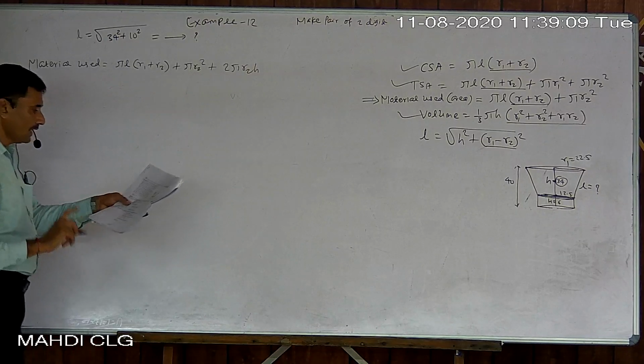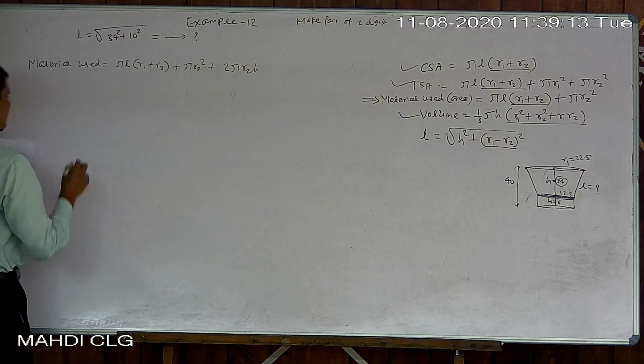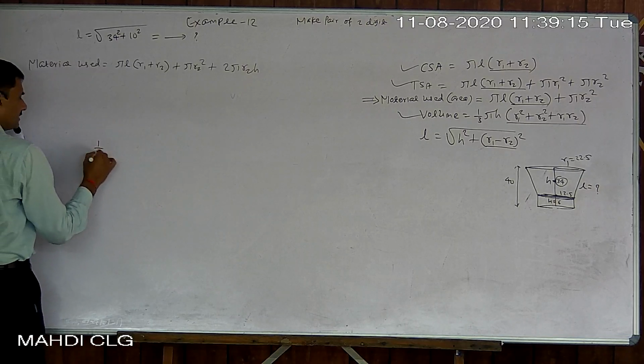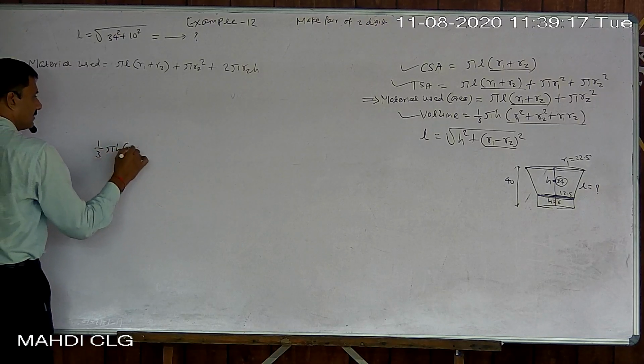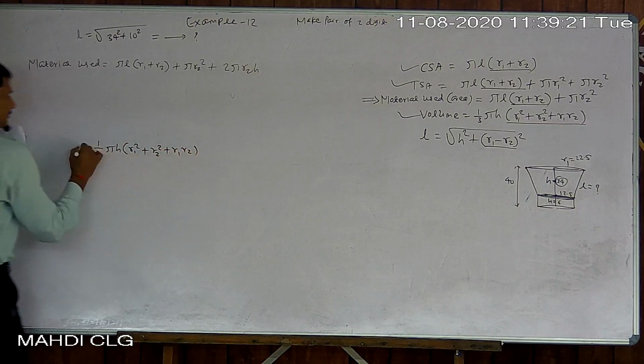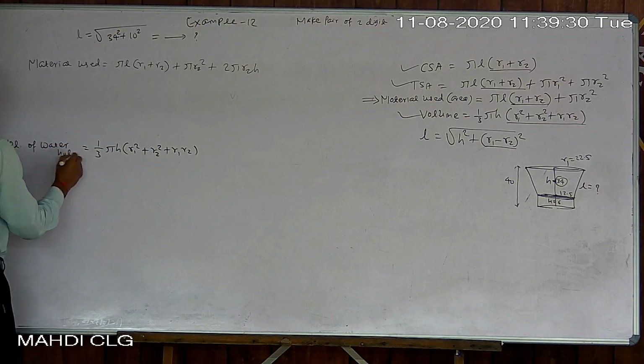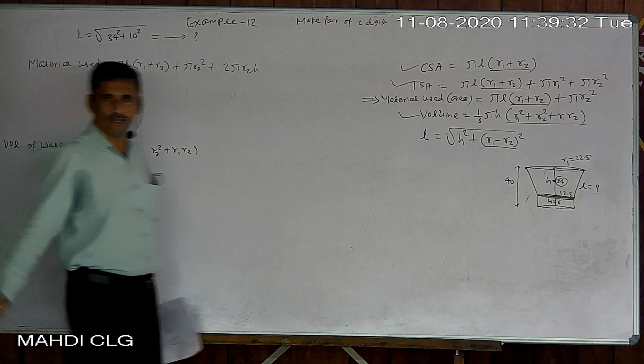Then find the volume of water the bucket can hold. That will be simple: the volume formula with R1 square plus R2 square plus R1 R2. So this is the volume of water held, the capacity. Here no cylindrical part is involved. Why?